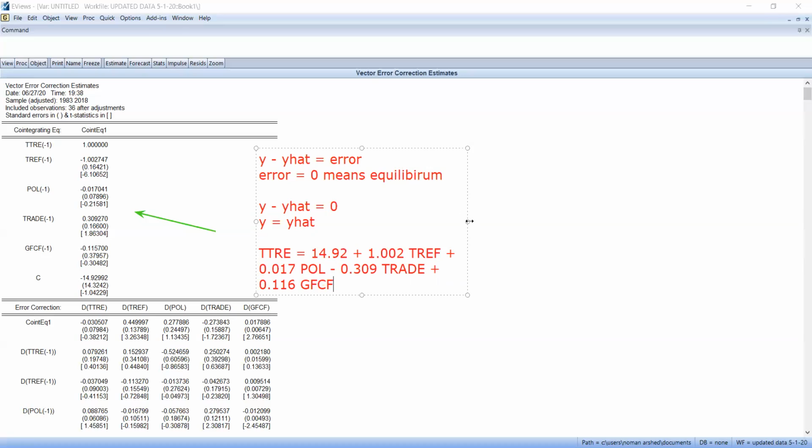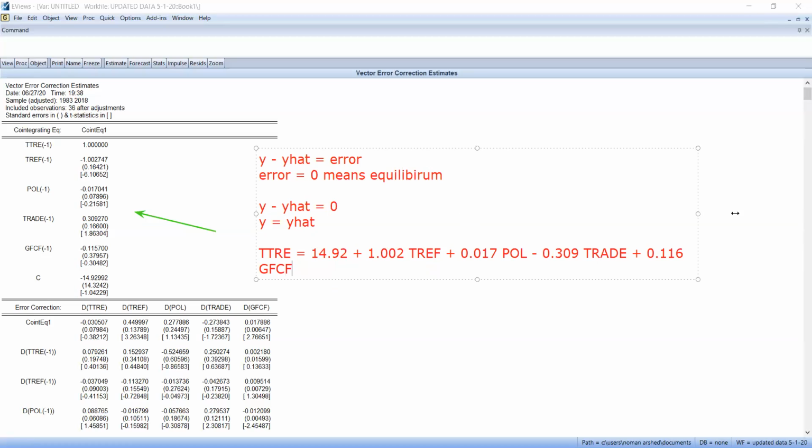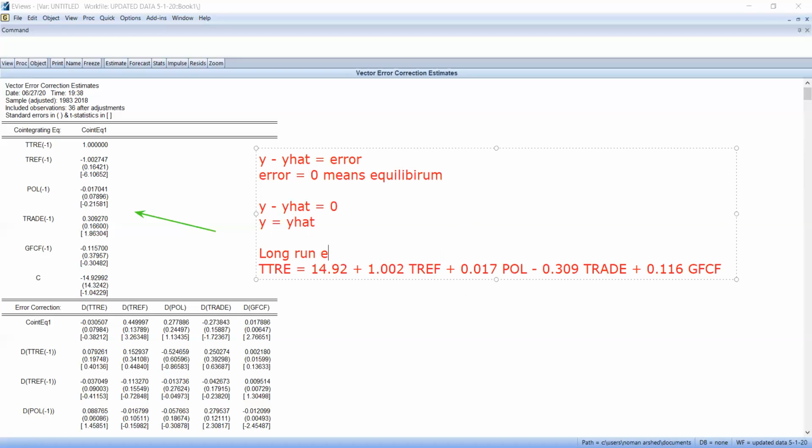Note that these are the same results that we wrote earlier. It means the normalized coefficients are actually these. So this is the long run equation, and these coefficients are long run effects.